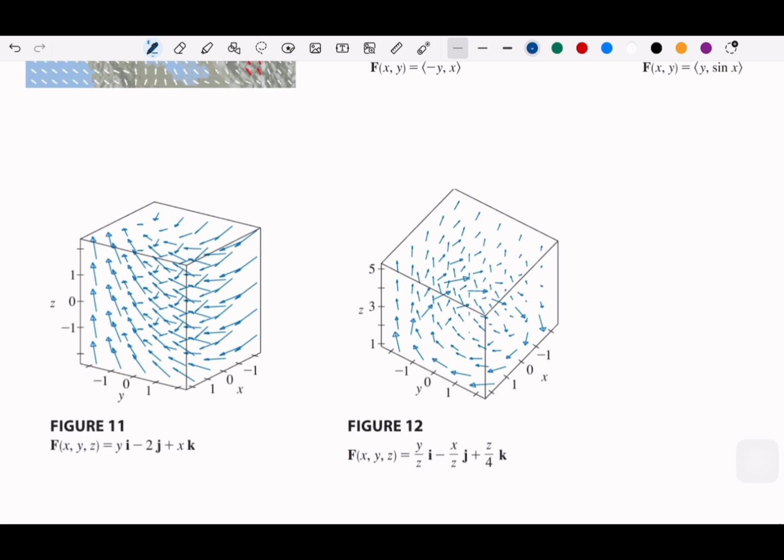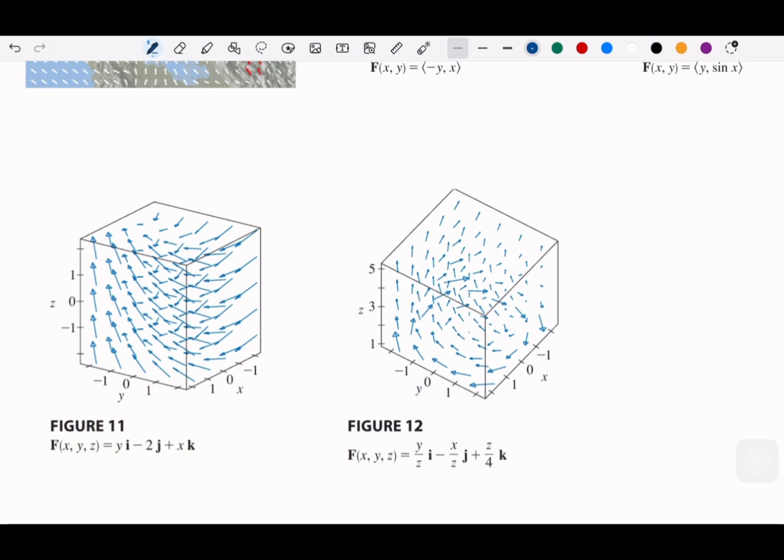So maybe we observe from 0, 0, 0, and then go along the x-axis first, and then along the y-axis, and then any measurement in between, and we get the circulations like this. Okay.